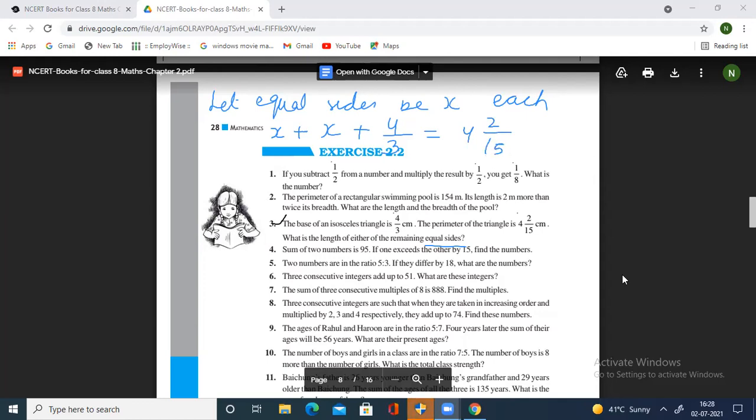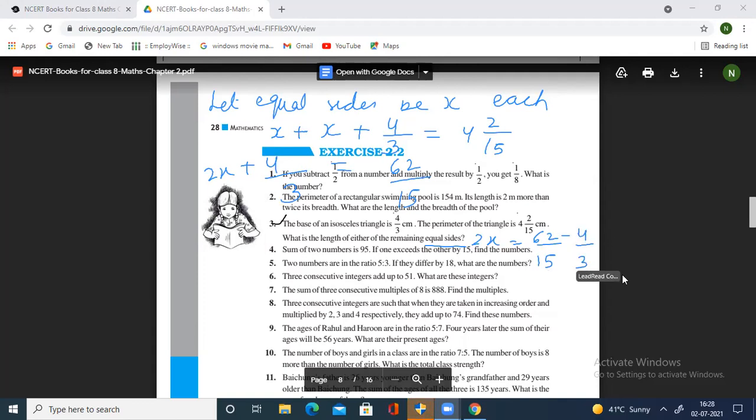So when you solve it, 2x plus 4 by 3 is equal to, 15 4s are 60, 60 plus 2, 62 upon 15. Okay, then you can say 2x is equal to 62 upon 15 minus 4 by 3. That is plus, so when it comes here, it will be minus.